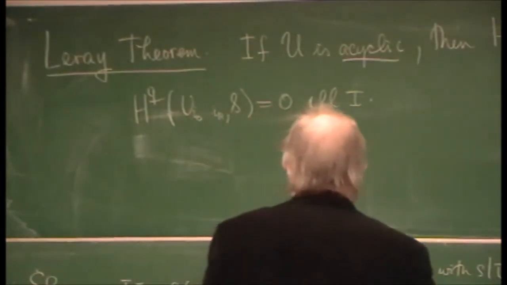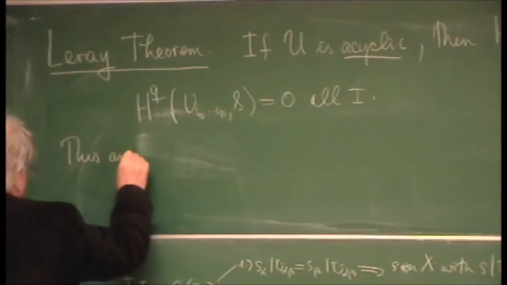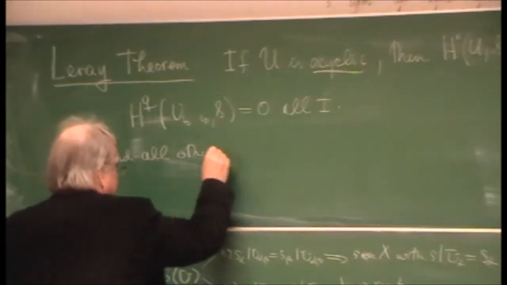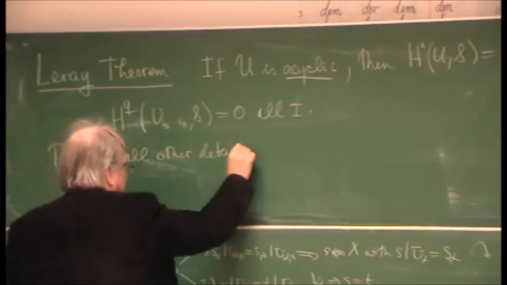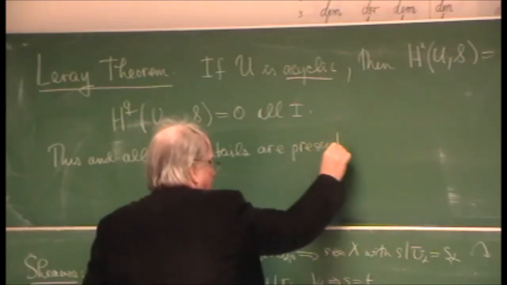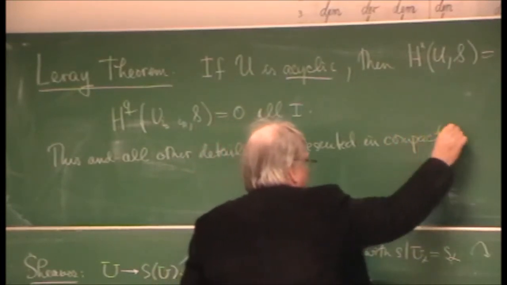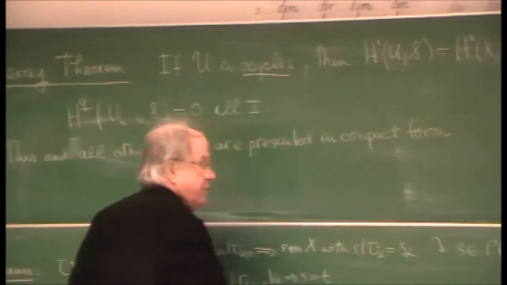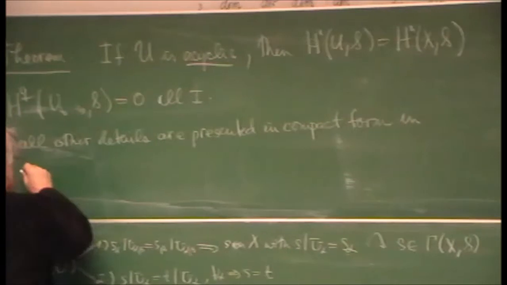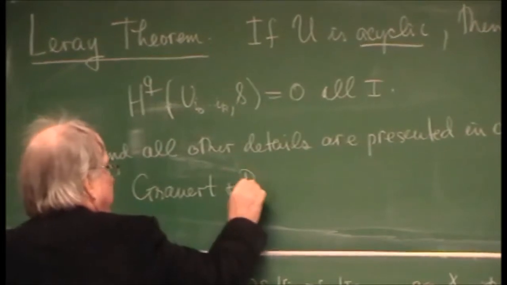And this theorem and all formal stuff, and all other details about this stuff, are presented in compact form in the context of analytic geometry, in Grauert and Remmert's book on Stein theory.